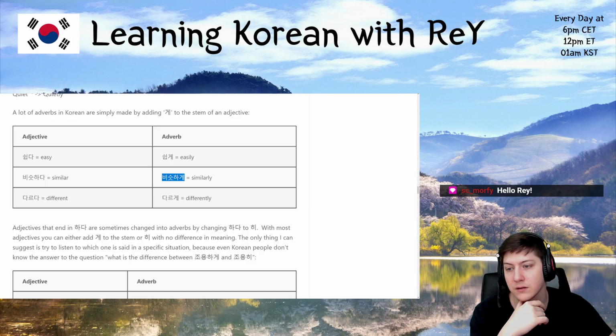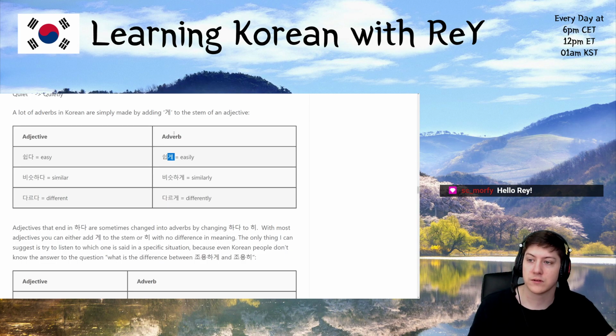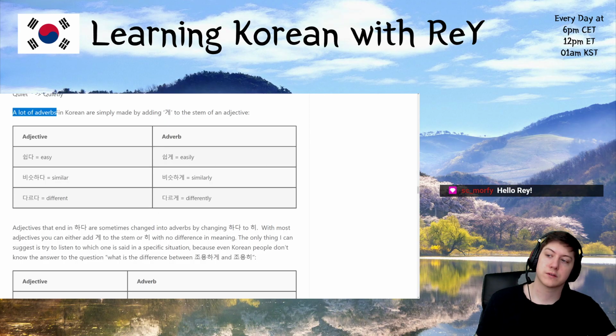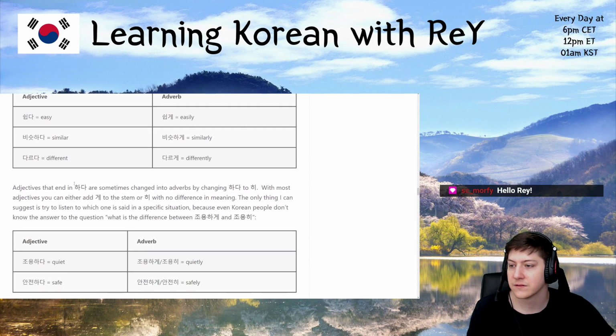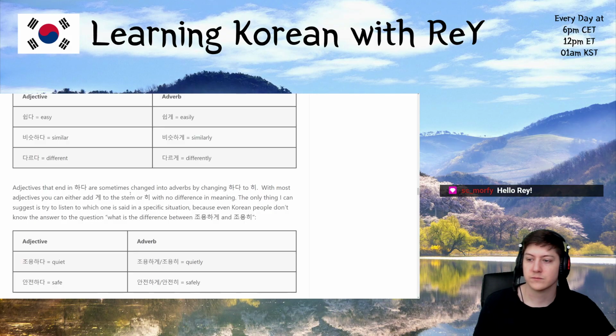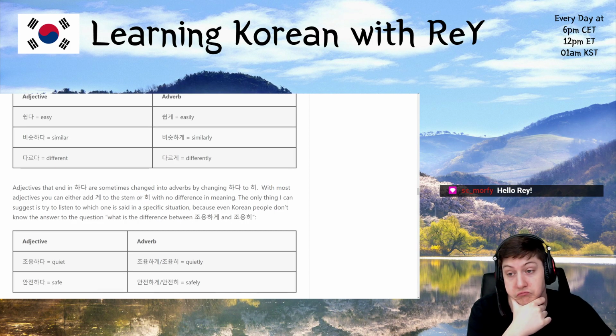Oh, interesting. 다르다, 다르게. Hmm. Okay, looks like it's always following the same pattern. Okay, that's fine. I can accept that. Adjectives that end in hada are sometimes changed into adverbs by changing hada to he. With most adjectives, you can either add ke to them or he, with no difference in meaning.